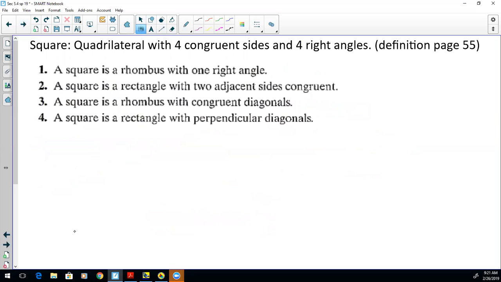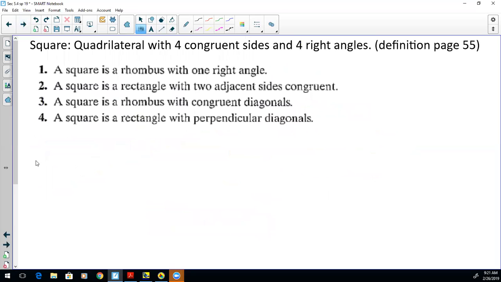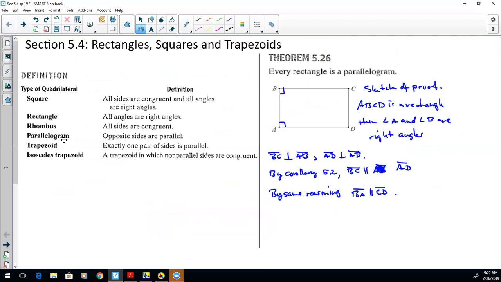Okay, now we have a definition, and I meant to put it in here. Okay, remember that a trapezoid, let's go back here. Got it here. A trapezoid is a quadrilateral where exactly 1 pair of sides is parallel. An isosceles trapezoid is a trapezoid where the non-parallel sides are congruent.